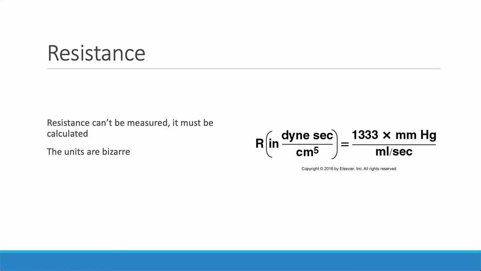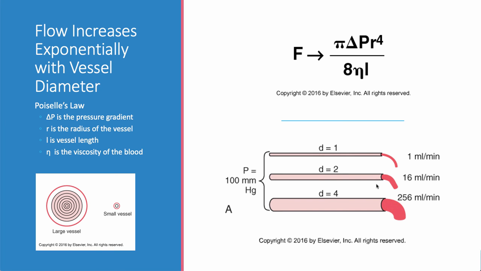You remember all that from high school. So these units are really weird, but you'll get used to dealing with them if you're a critical care nurse or acute care nurse practitioner, because we use them all the time when we talk about systemic vascular resistance and pulmonary vascular resistance and things like that.